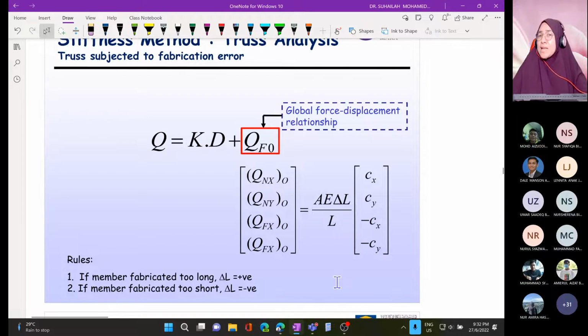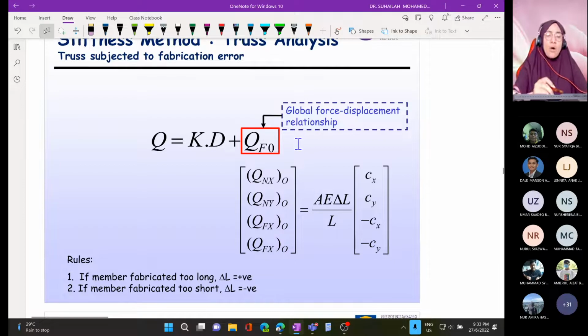Just like we analyze with the flexibility method, when we analyze truss, we can consider temperature changes and fabrication error as well. These must be included in the stiffness equation, and we call it Q0, the equivalent element nodal forces. We have to include it in the equation.